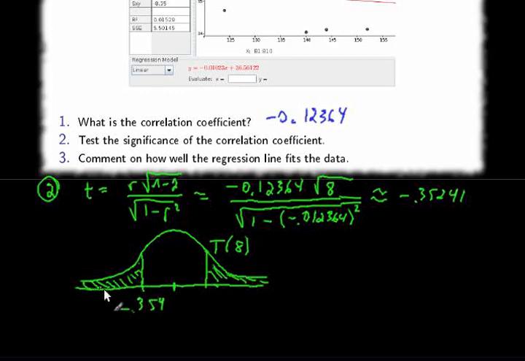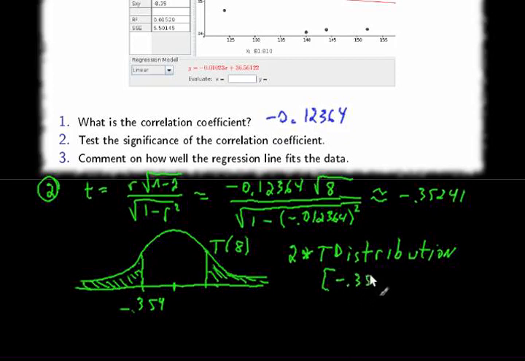Therefore, we're going to get 2 times t-distribution, twice this area, so 2 times t-distribution of negative 0.35241 and whoops, that's backwards.